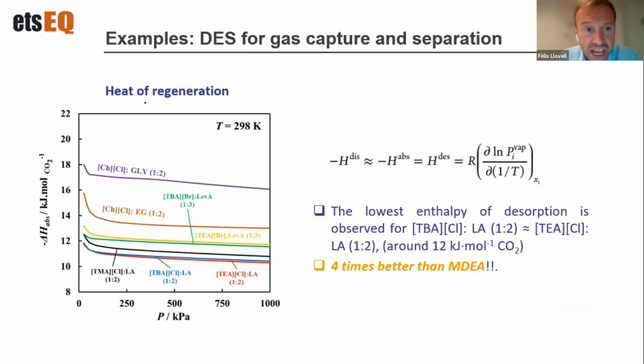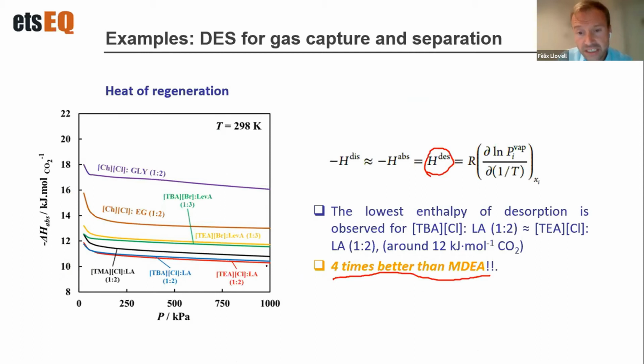However, if we check what happens in the regeneration stage, when we recover the solvent, we calculate the enthalpy of desorption based on SAFT calculations. And now we can see that the enthalpy of desorption of these molecules ranges between 10 and 18 kilojoules per mole, which is 4 times better than the best amine.